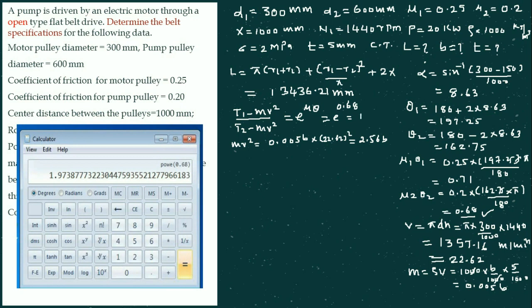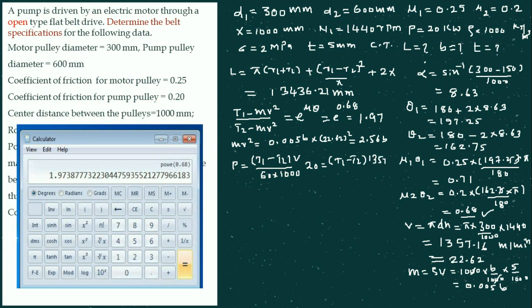The same thing I am going to write here, 1.97. In order to get the details, again we have to make use of the power formula: T1 minus T2 into V divided by 60 into 1000. Here it is 20 kilowatts, and T1 minus T2 is there, and velocity we have to keep in meters per minute because I am dividing by 60 and 1000.